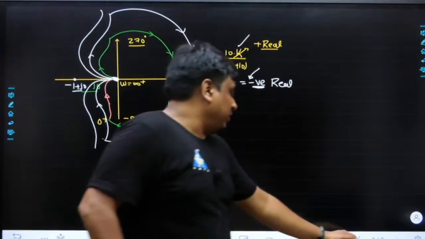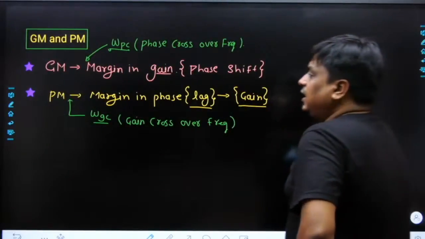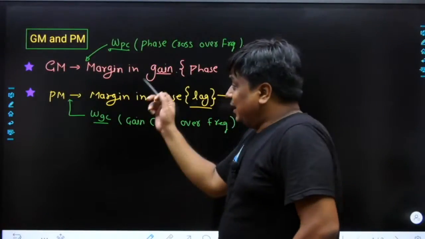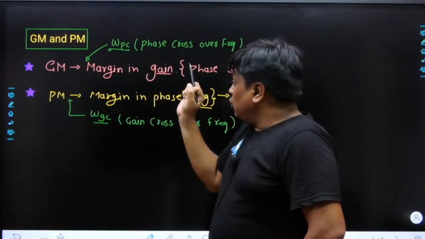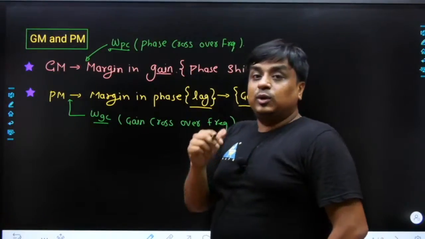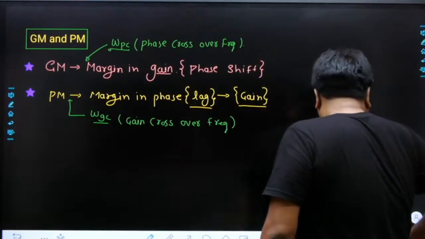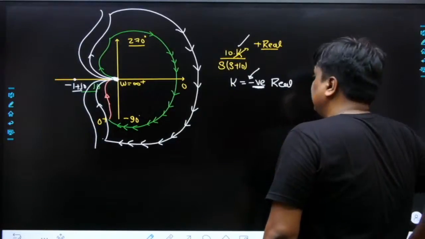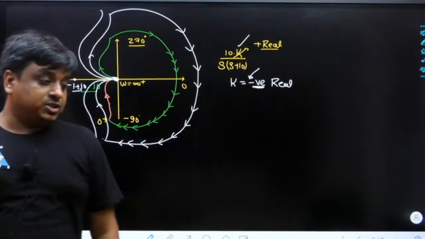When we were discussing the definition of the gain margin and phase margin, it was clearly communicated: when we calculate the margin in gain, I should not introduce any phase shift, and at the same time, when we calculate the margin in phase, I should not provide any gain. And if you take the negative value of k, that means you are providing the gain as well as phase shift, which is not permissible.